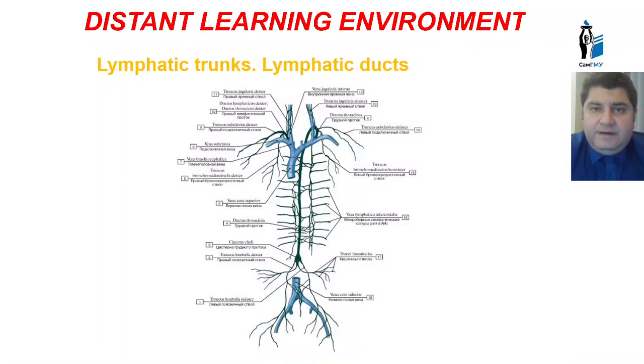So now we can see lymphatic trunks. We can see the initial part of the formation of the biggest lymphatic vessel, which is called the thoracic duct, and you may see that it forms from two trunks, truncus lumbalis dexter, truncus lumbalis sinister, and truncus intestinalis, the intestinal trunk.